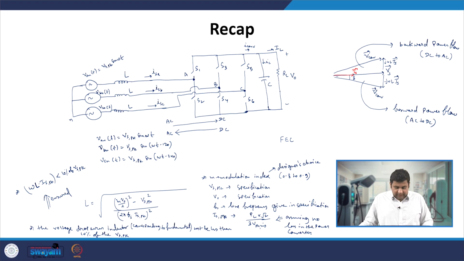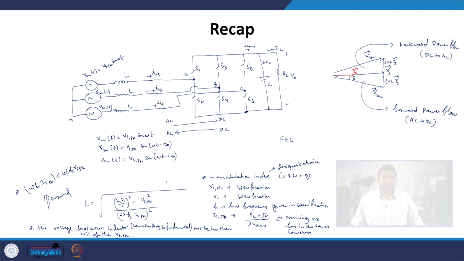And we have then derived the expression for the inductance value, which is the square root of ((m V naught by 2) squared minus Vs peak squared) divided by (2 by Fs times Is peak squared). Everything comes under the square root term, and from there we can calculate the inductance value, because some of these are given in the specification and some are the designer's choice.